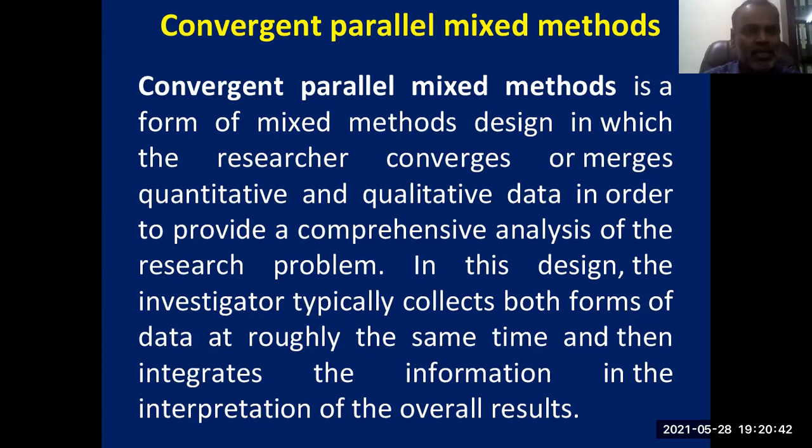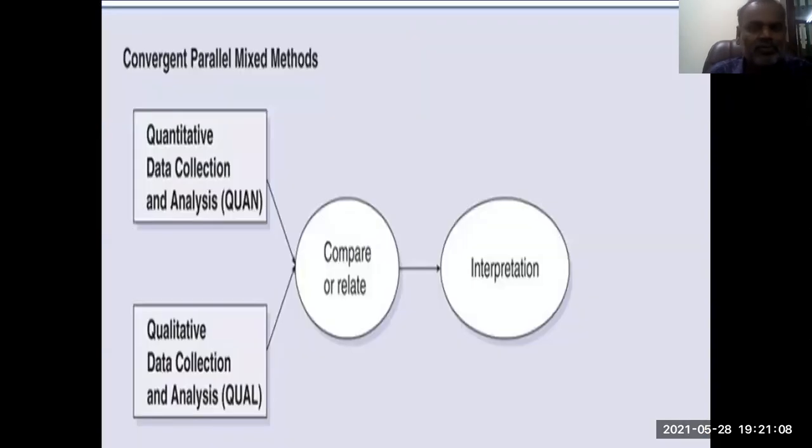At the same time, the researcher is doing data collection, both quantitative and qualitative, then integrating the information in the interpretation of the overall result. So you are not going to do it separately, but in a single table, combining both qualitative and quantitative data.